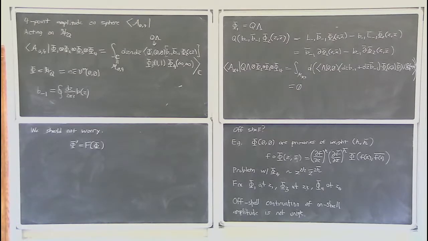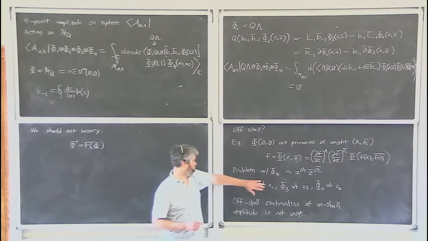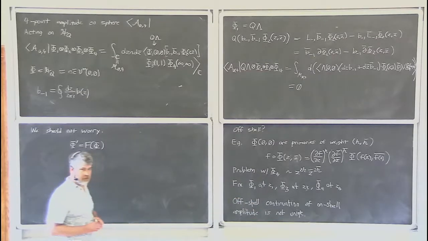And once you fix your choice of field variable, or the form of your action, then this ambiguity is fixed. But presently we don't know the form of closed string field theory, and we don't know how to fix our choice of field variable. So this ambiguity in the off-shell continuation will appear until we resolve that question.